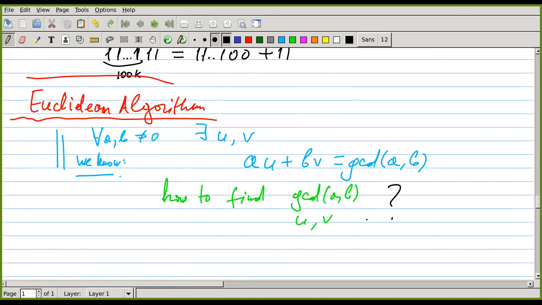When we have to solve such a Diophantine equation in integers, we will see that it is sufficient to find both the greatest common divisor of a and b and such u and v. How is it possible to find them?